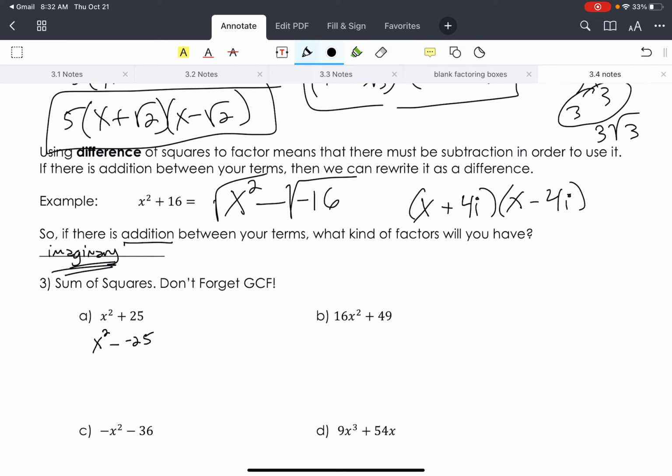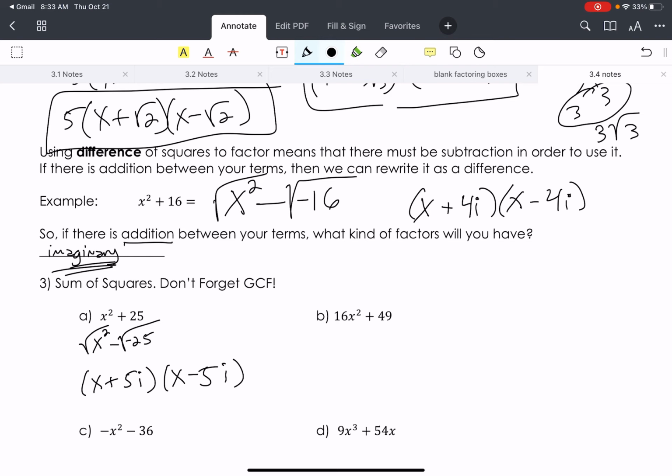Okay, so then I'd have x plus 5i and x minus 5i. Good? Do you guys see it? Can we keep going? Do another one?